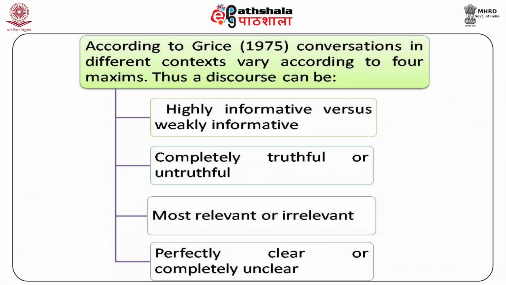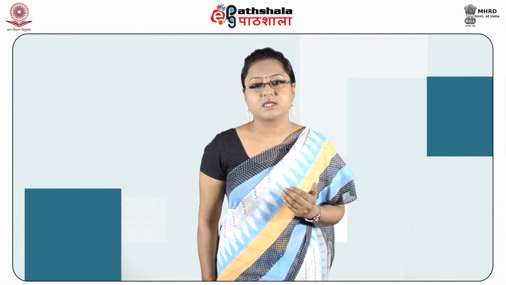Thus, a discourse can be highly informative versus weakly informative, completely truthful or untruthful, most relevant or irrelevant, perfectly clear or completely unclear. People vary on each aspect depending upon with whom they are conversing.